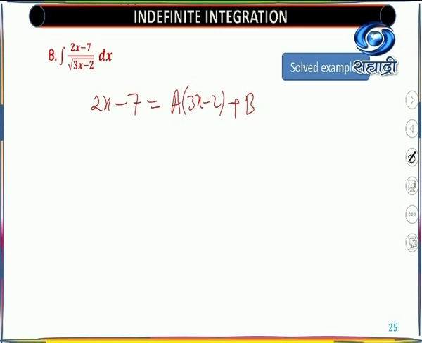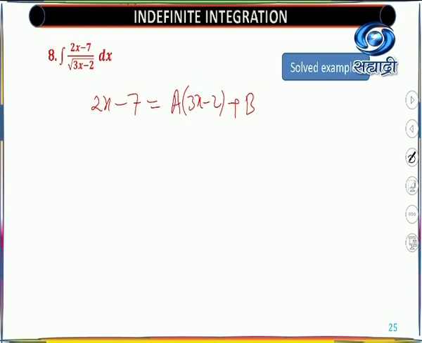Why do we have to do this? Because there is a root sign in the denominator and there is no other term, plus or minus another root sign, for rationalization. If there is a surd, then you are able to rationalize, but it's not there. The only thing is that you need to write the numerator in such a way that the denominator will get cancelled.